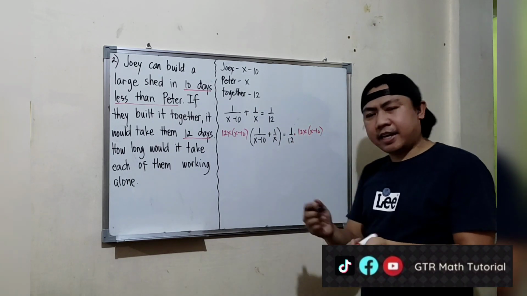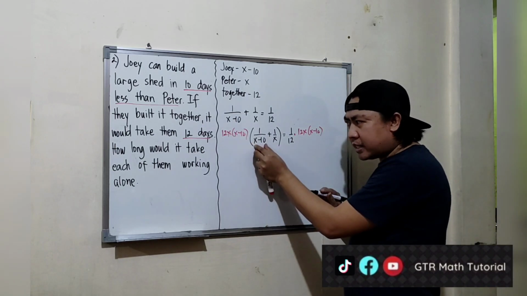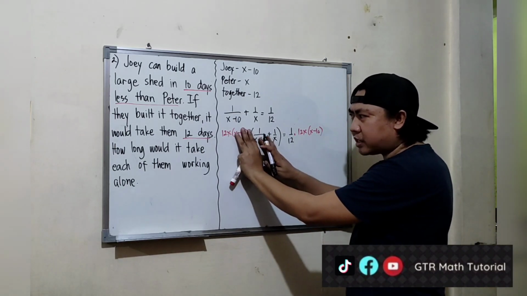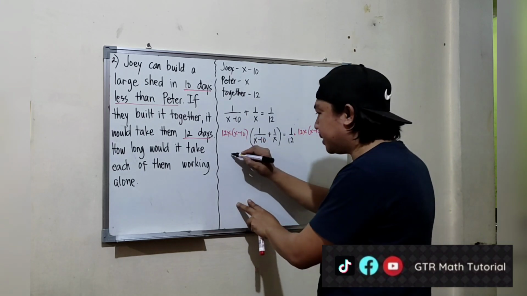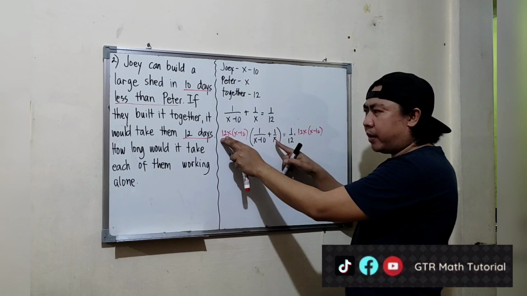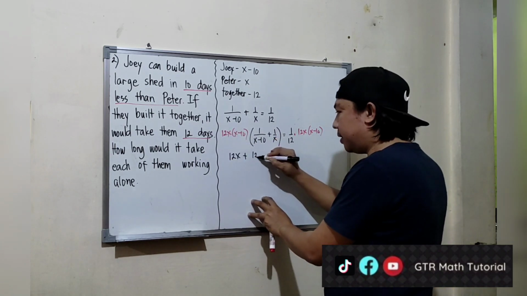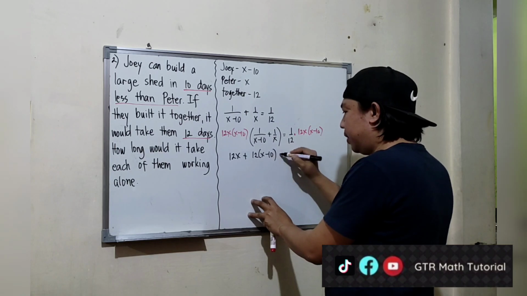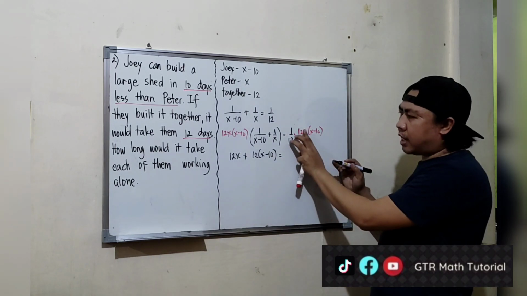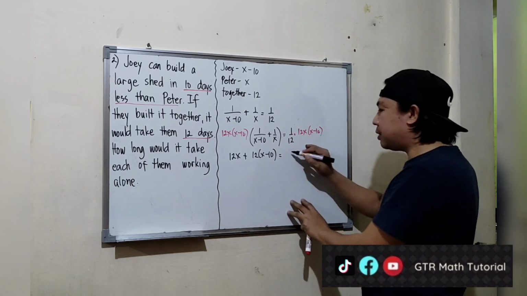Then simplify. Dividing the LCD by the first term cancels out x minus 10, so the remaining term is 12x. Plus, dividing by 1 over x cancels out x, so what remains is 12 times x minus 10. Equals, cancel out 12, so the remaining term is x times x minus 10.